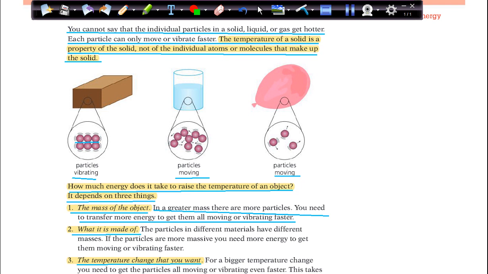So the greater the mass, the more particles we have inside it, so that means more energy is needed to get them move or vibrate. All of them vibrate.